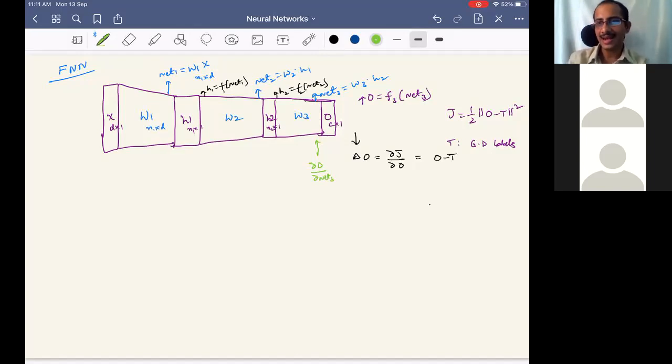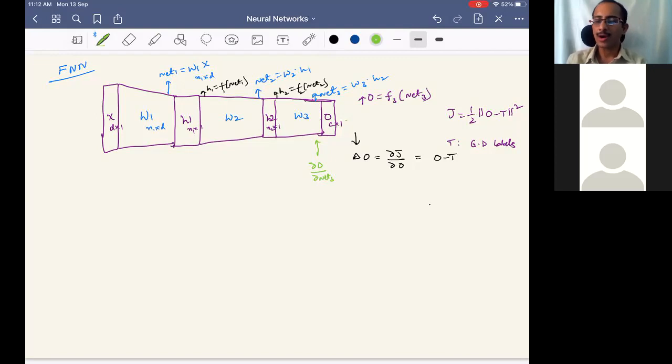People call this the upstream gradient. O is in the upstream, and net 3 is where we are locally. We will discuss computational graphs today, where these things are formally introduced. But for now, we want to understand how the backpropagation is written and how it relates to the network.